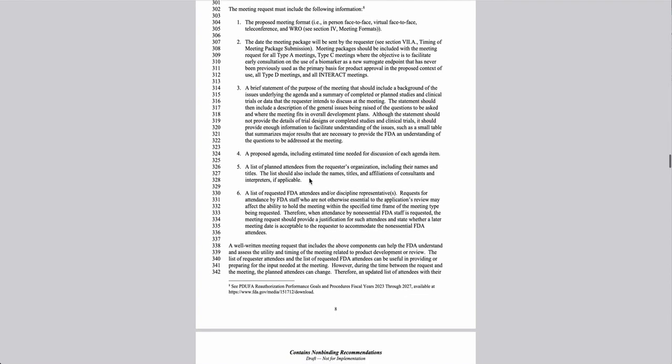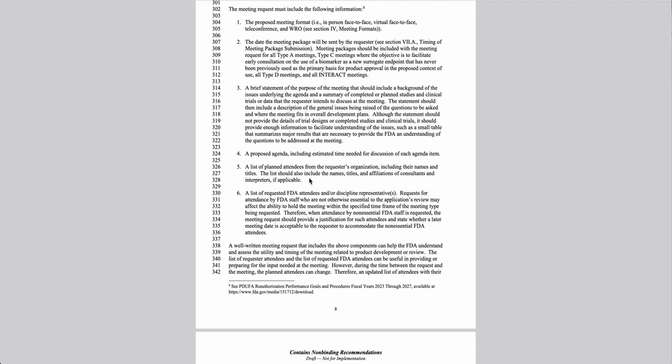Then you will need to add a list of planned attendees from the requester's organization, including their names and title. So the list should also include the names, titles, and affiliations of consultants and interpreters if applicable.